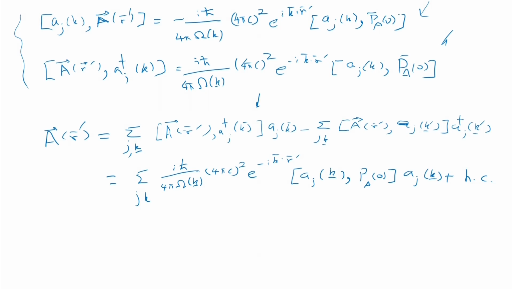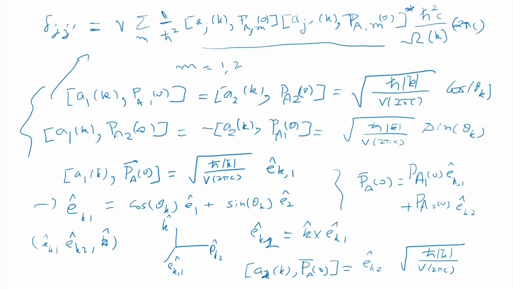Now remember that I have written down an explicit formula for the commutator of a_{jk} and a_{jk}^†, and that is this. So if it's j, it's basically this j. This is what we have explicitly written down.